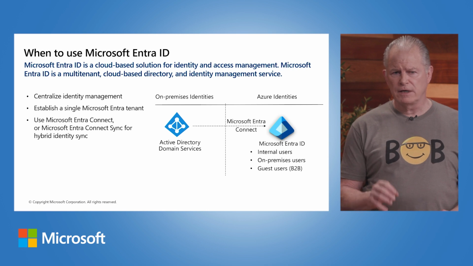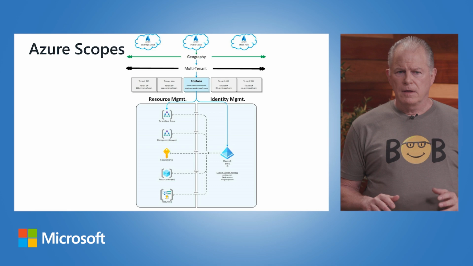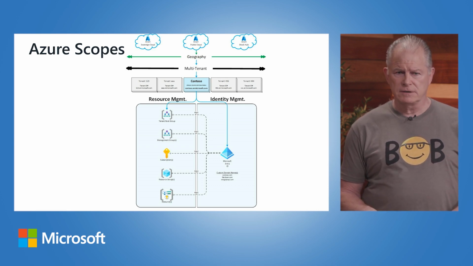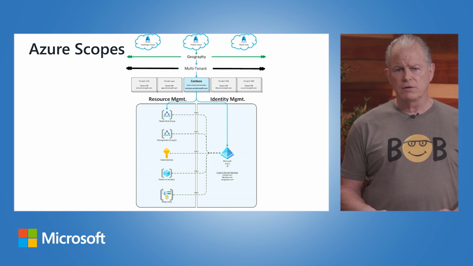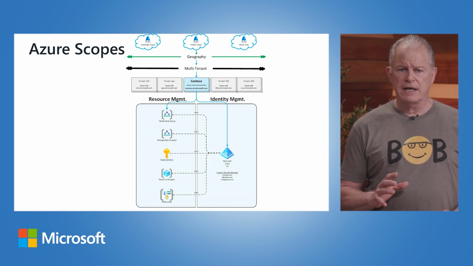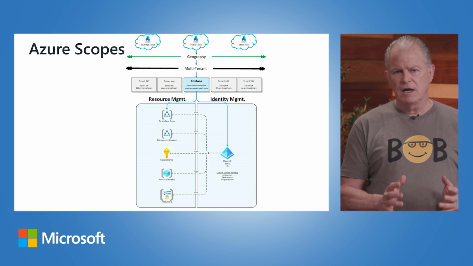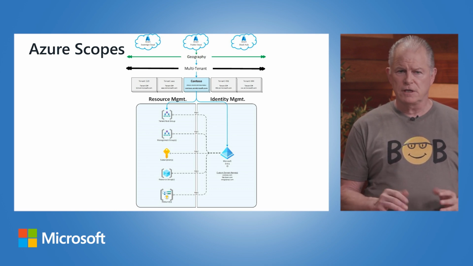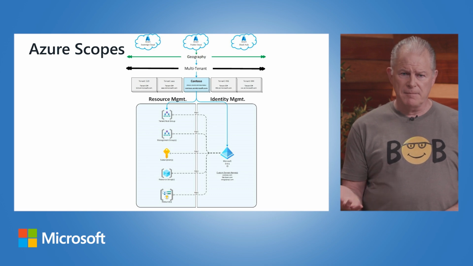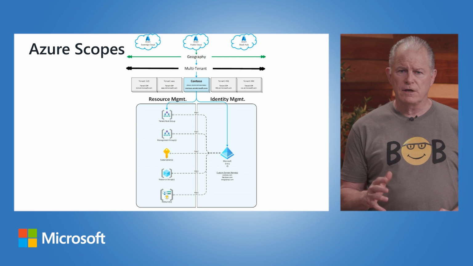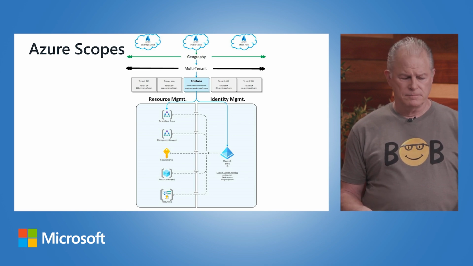I'm going to do some whiteboarding and just kind of cover some of these major topics that we're dealing with. If you're familiar with the scopes within Azure governance, we see that you have this thing called a tenant. And the tenant is the highest level, and it becomes like a bucket or a container object that has a series of governance models that you see on the slide that are referred to as identity management, what we're talking about here, and resource management. We're going to focus in on the identity management piece.